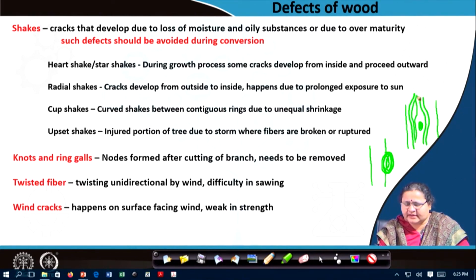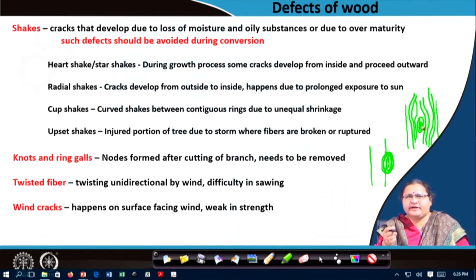So, you can see a dark patch here which is the dead cell. So, by looking at the grain structure and the pattern, you can identify whether there was a knot, which is a dead part, and that is the portion which needs to be avoided when we are proposing the use of this particular timber for a structural member.